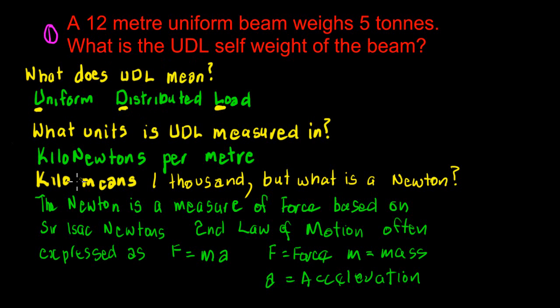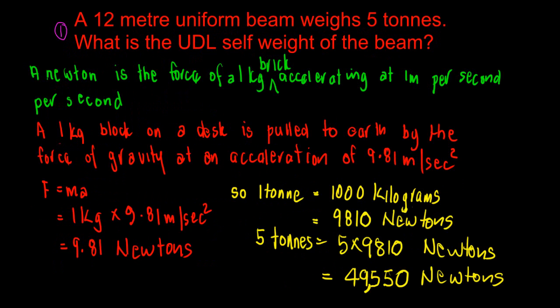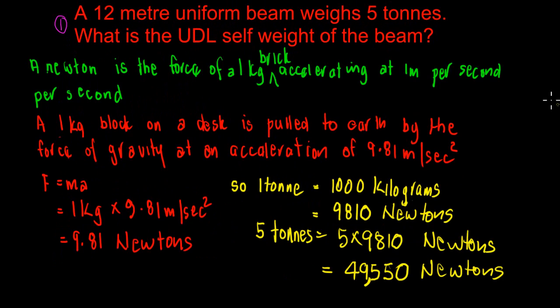So the plot thickens. So moving on, we'll see if we can find out a little bit more about the Newton. A Newton is the force of a 1 kilogram brick or object, or anything that weighs a kilogram, accelerating at 1 metre per second per second.